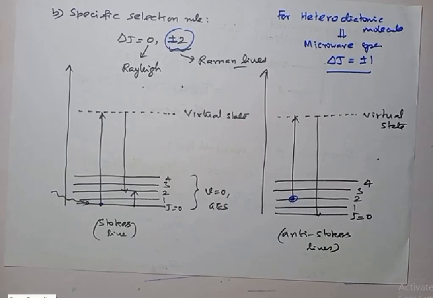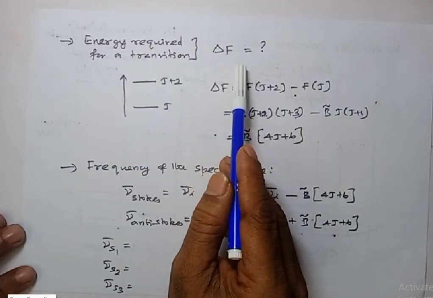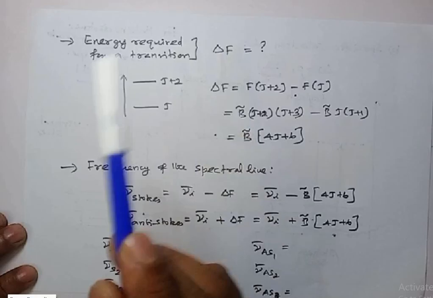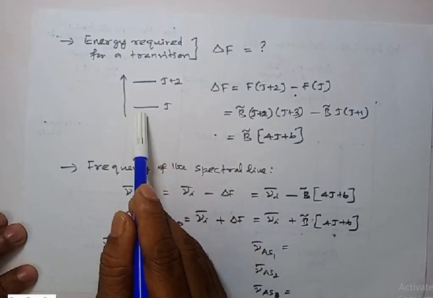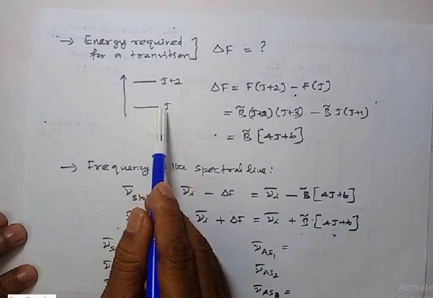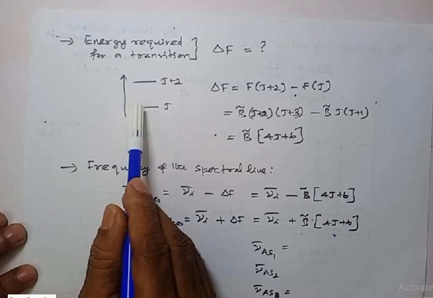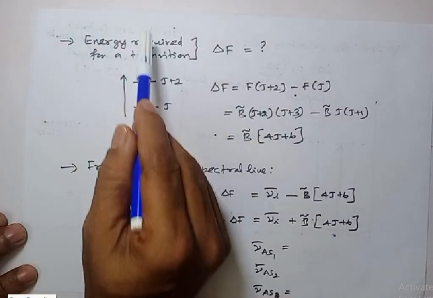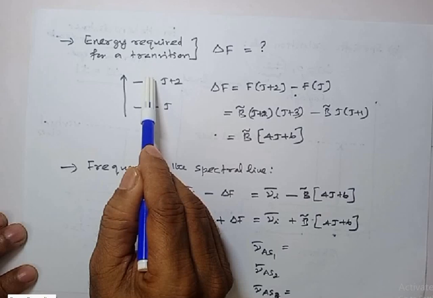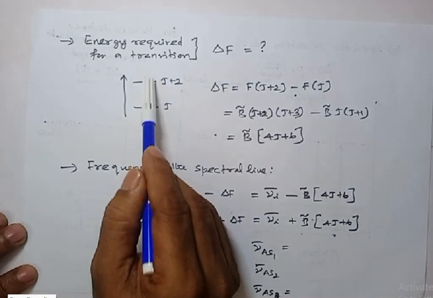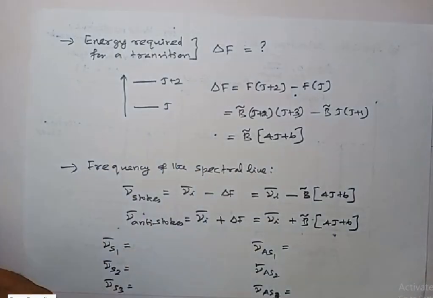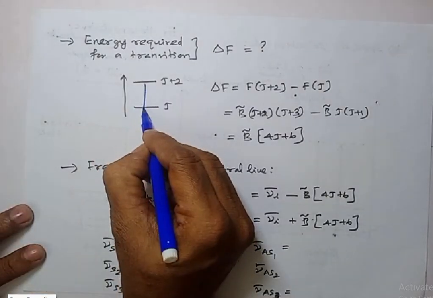The energy required for a transition, we use the symbol delta F. What is delta F? Suppose the lower level is J, the molecule goes from J to a virtual state, then it returns back to J plus 2. Therefore the actual transition is a J to J plus 2 transition. So what is the energy required for this transition?